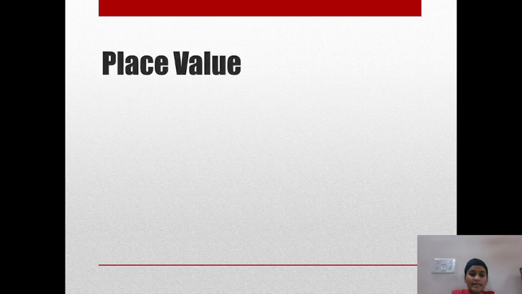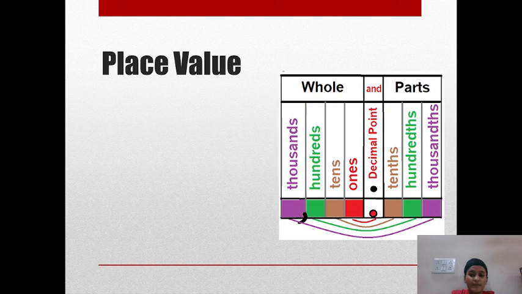Now let us see what is place value first. You can see in the picture here, this is the whole and these are the parts, right? A fraction is divided into decimal point, a decimal fraction. And if you consider a mixed number, suppose 8 3 upon 4, the 8 is your whole number.